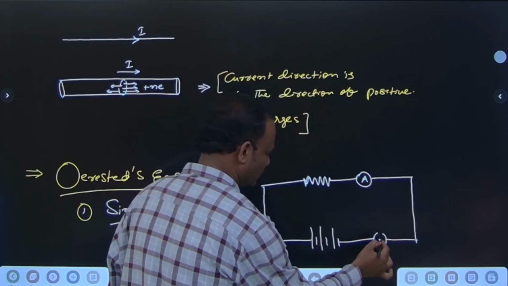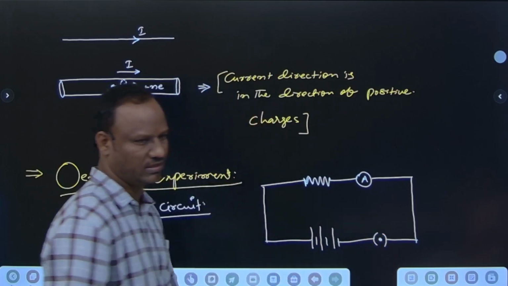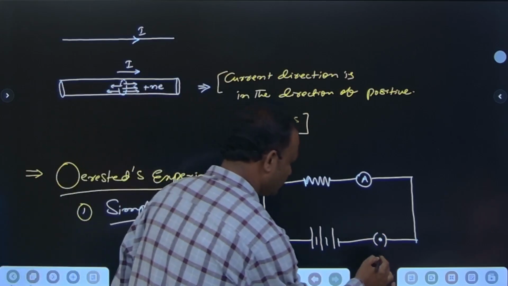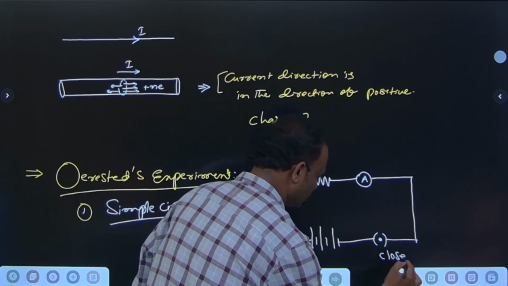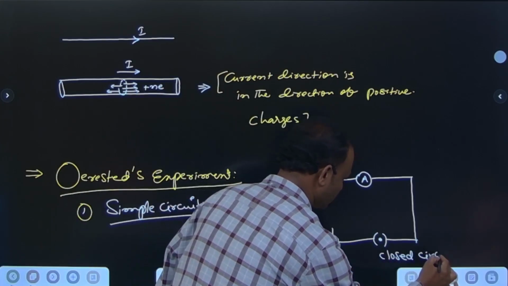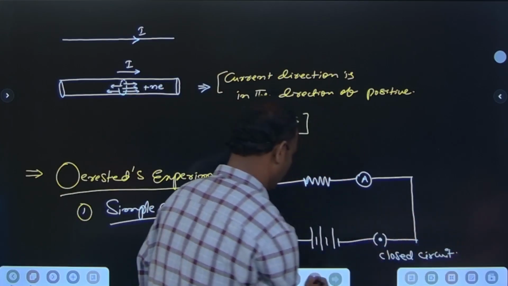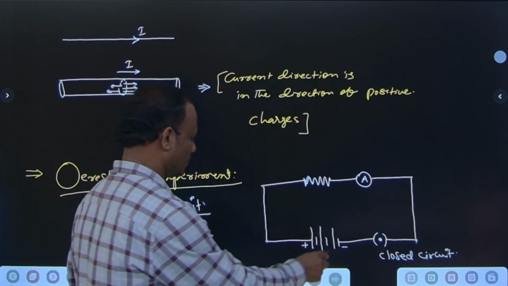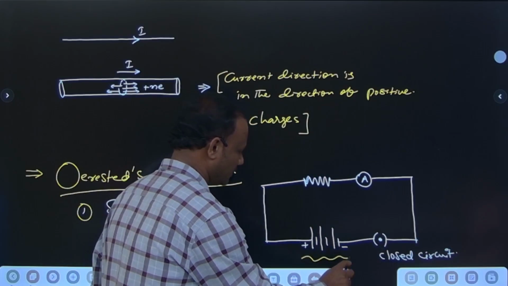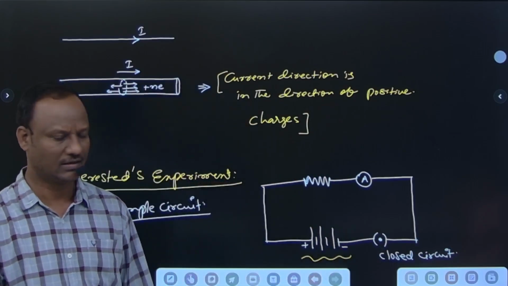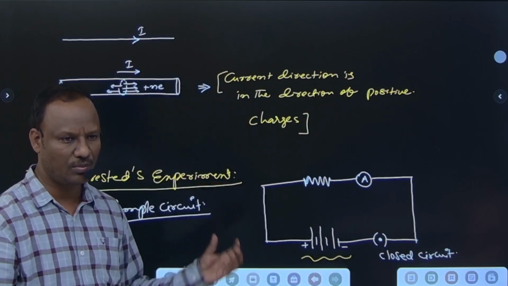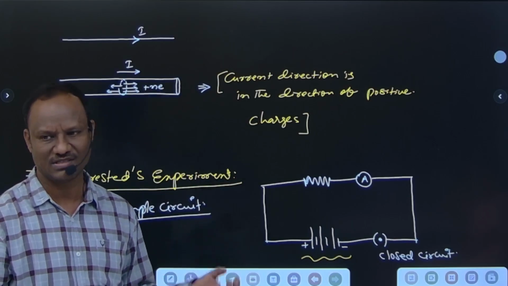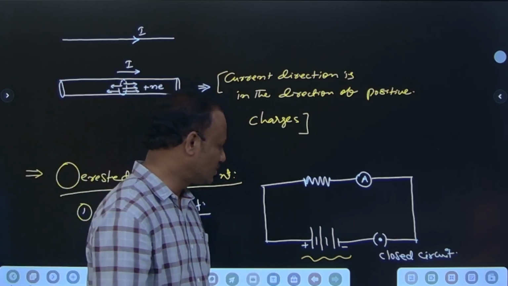When the circuit is closed, it is shown as a dot, so it is a closed circuit. It has a positive and a negative terminal. This whole thing is a battery. A battery is a combination or group of cells. How many cells do you have?